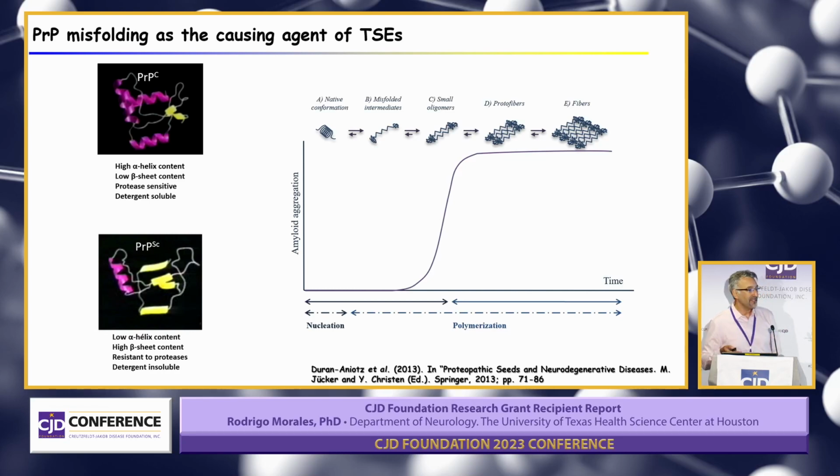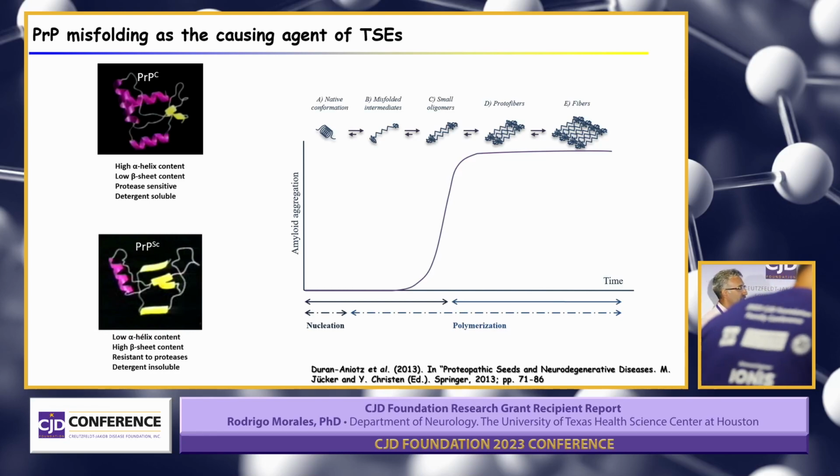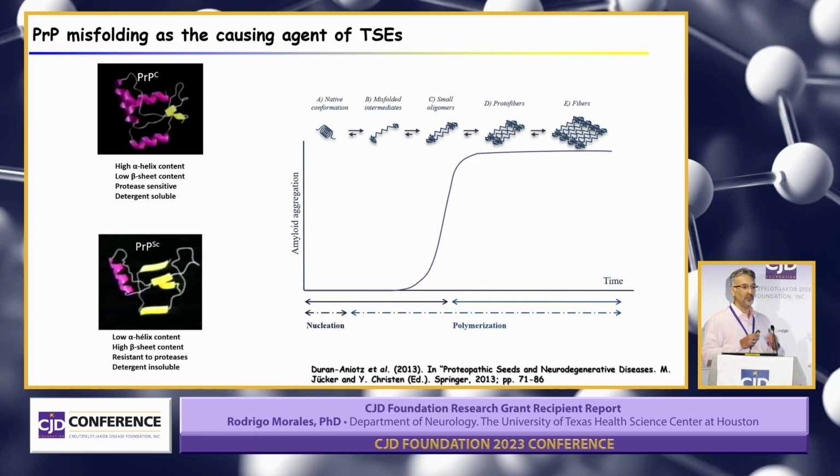So again, in a very simplistic way to explain this process, if we take this protein and put it in a test tube, in water, eventually this protein will aggregate. It has the tendency to aggregate. Now, this process is not easy to occur sometimes; it takes some time.